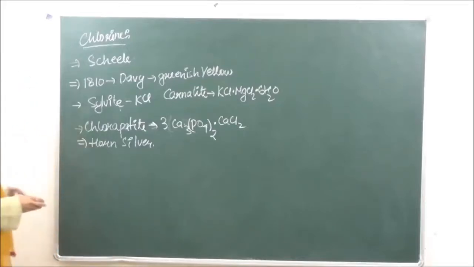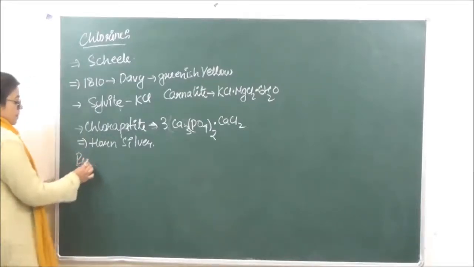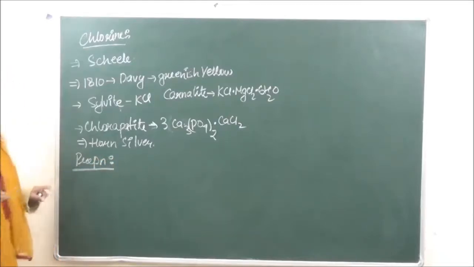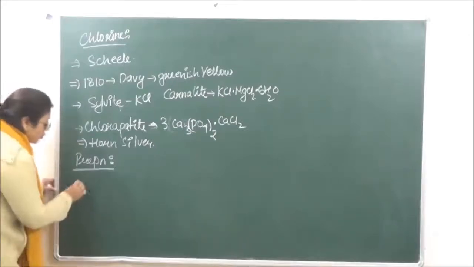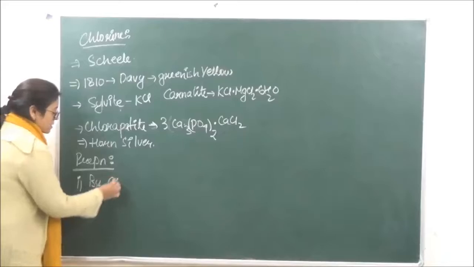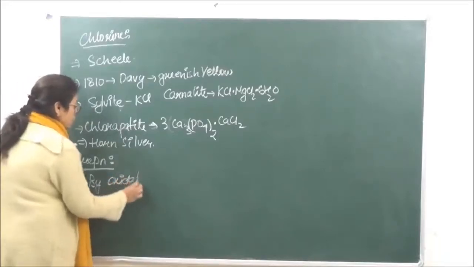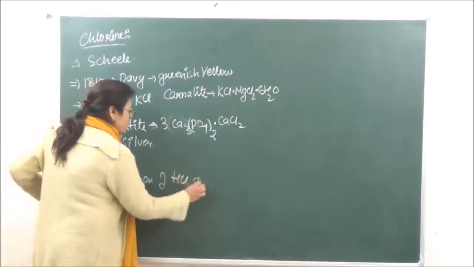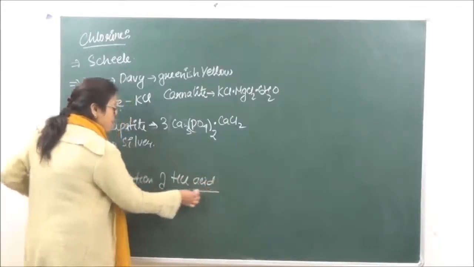So let's go on to the preparation of chlorine. When we prepare chlorine, it is by the oxidation of hydrochloric acid. The first method is by oxidation of hydrochloric acid.